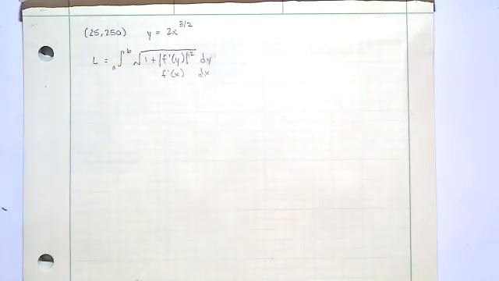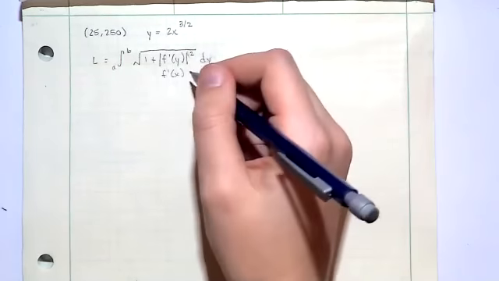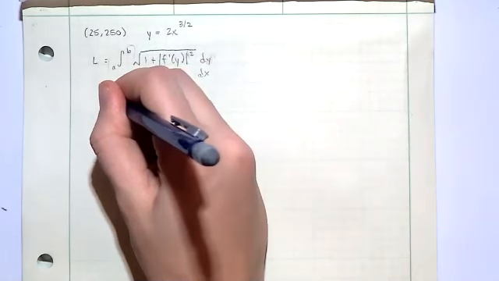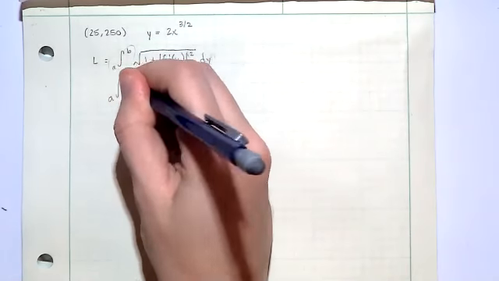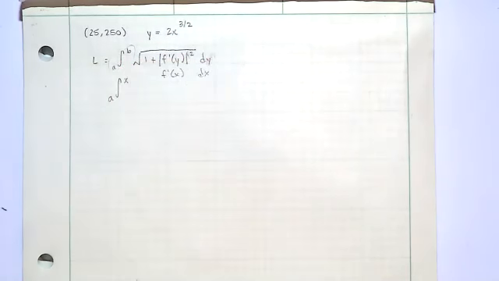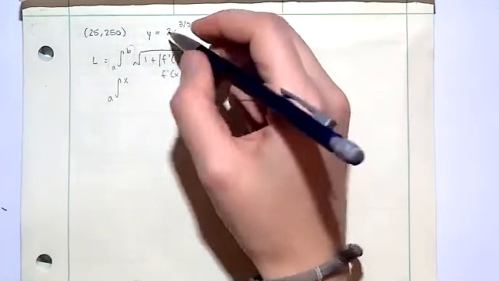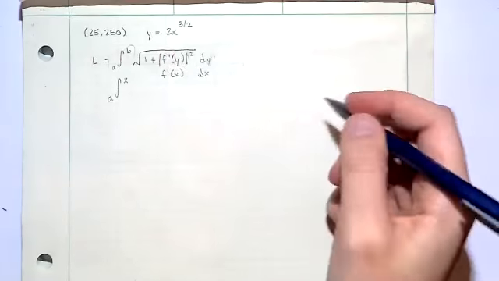So with this problem specifically, since we're only given a starting point, we are going to be working with slightly different bounds. So we're going to be starting at A and going to X, which is a little gross, but nothing too crazy. So the first thing that we're going to need to do is figure out what our y prime is going to be.